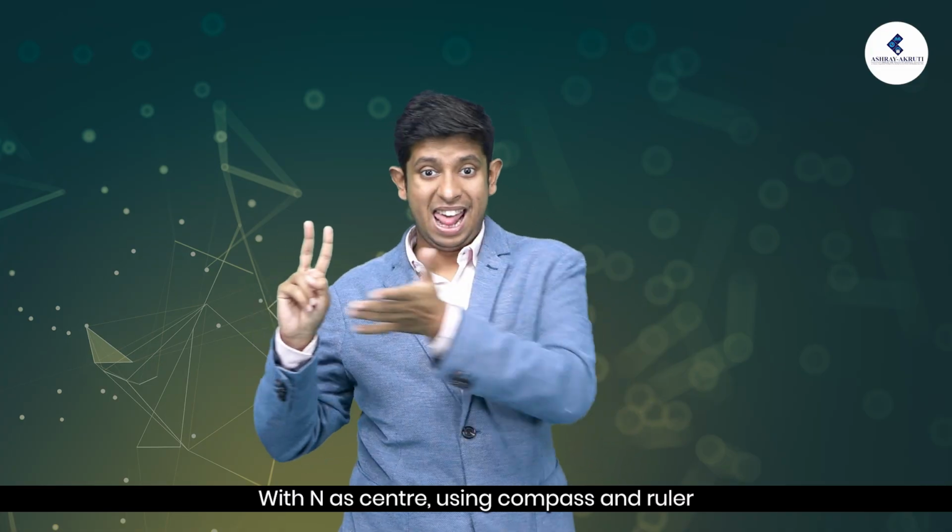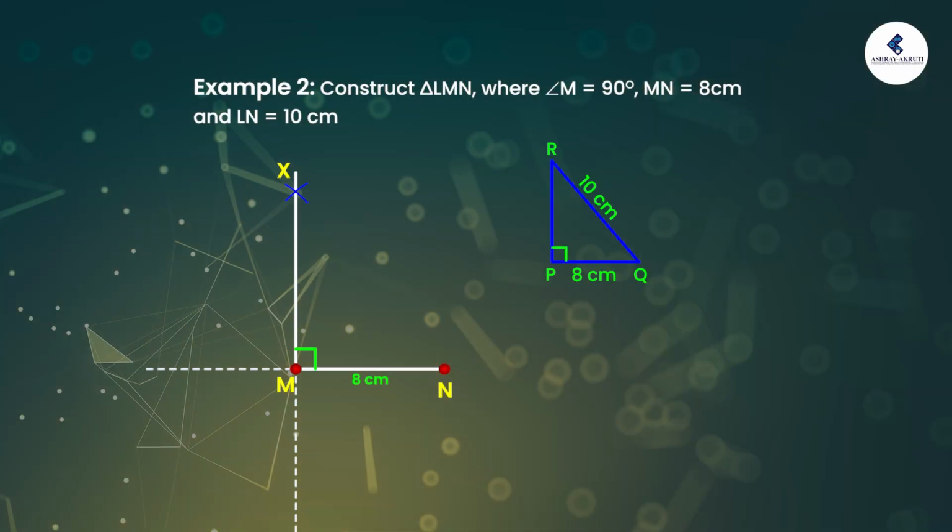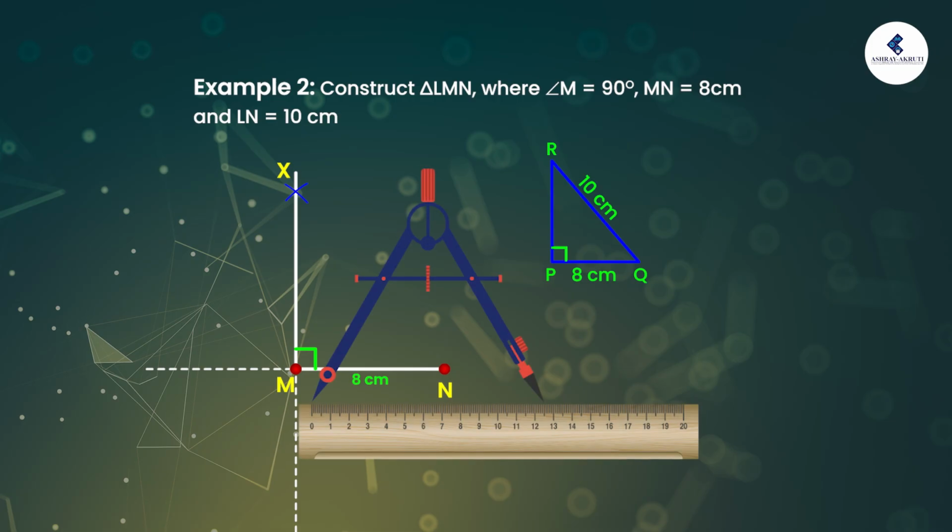Step 4. With N as center, using compass and ruler, draw an arc of radius 10 cm to cut MX at L. Step 5.